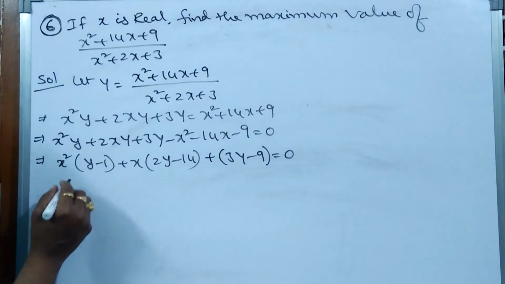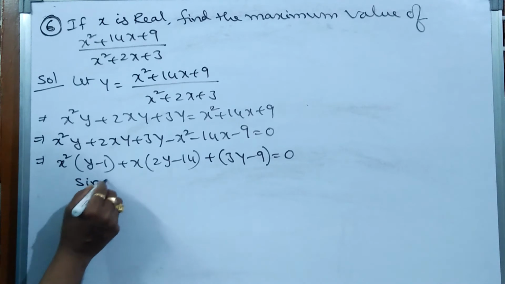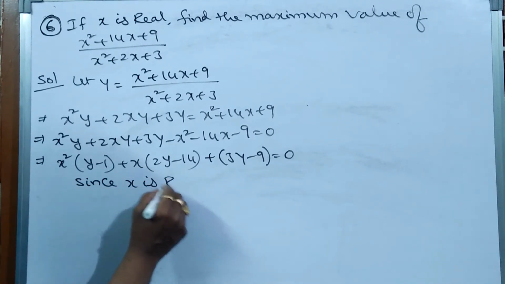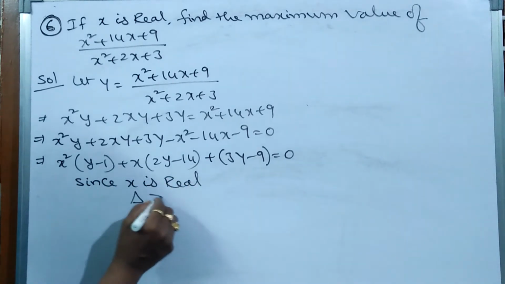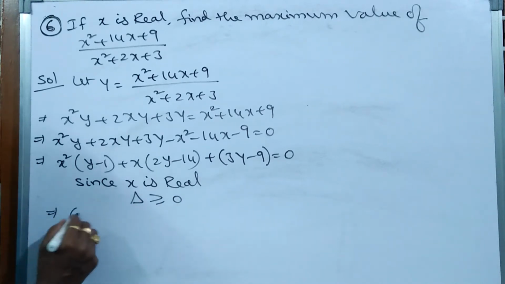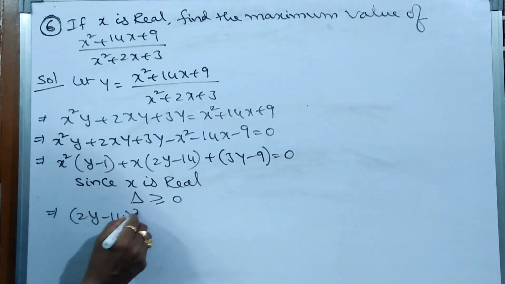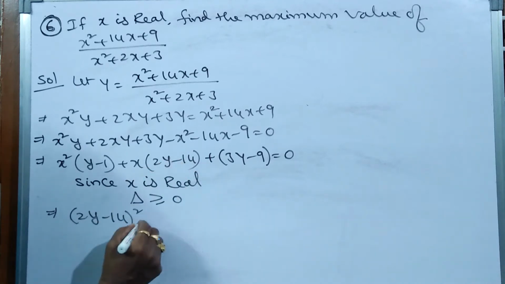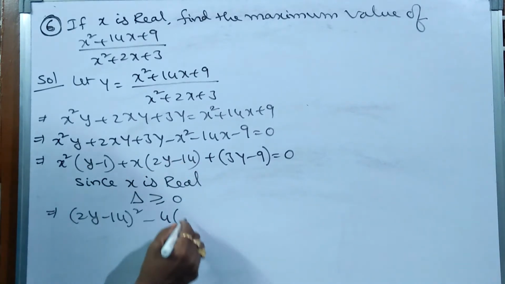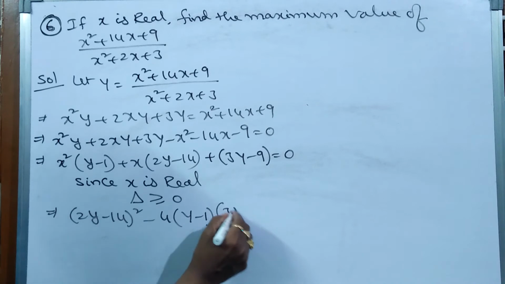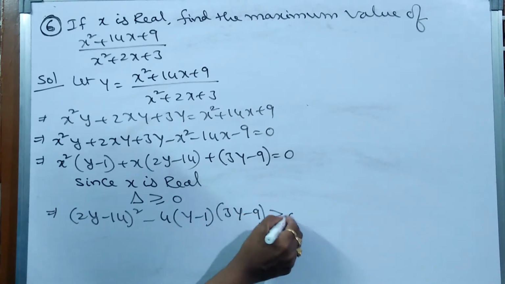So since x is real, we have to follow same model. Delta is greater than or equal to 0. This implies b square, 2y minus 14 whole square, minus 4 into a, which is y minus 1, and c is 3y minus 9, greater than or equal to 0.